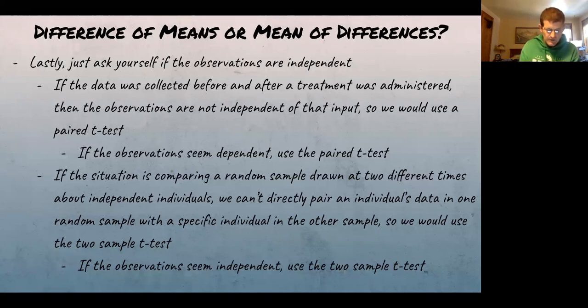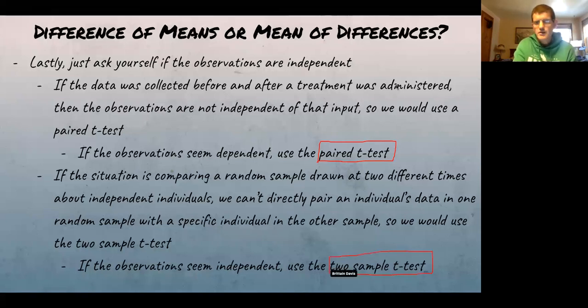Because the before and after a treatment is dependent on the person who's receiving the treatment. So paired t-test. But if they're all independent and you can't directly pair individuals in one random sample with another, that's a two sample.